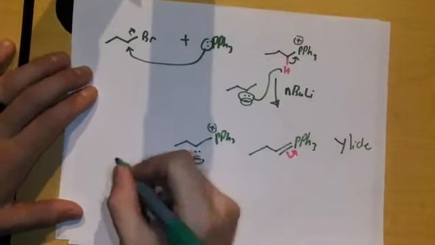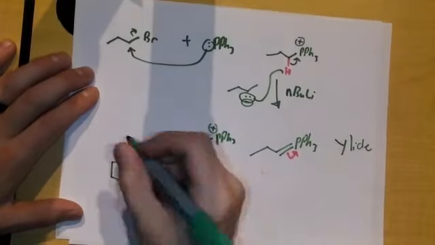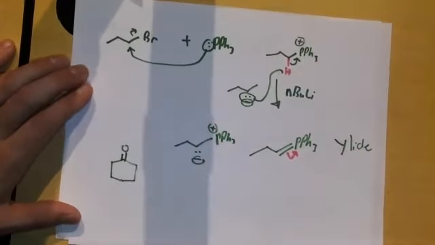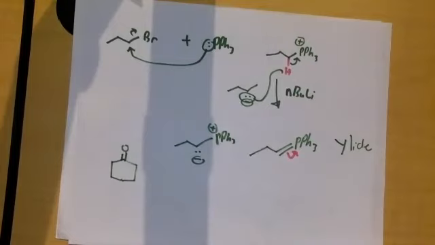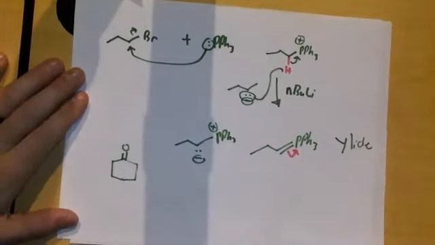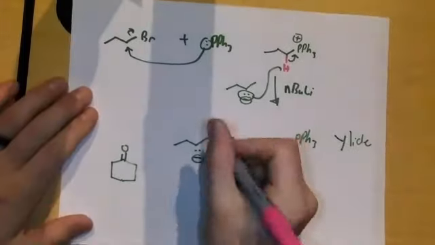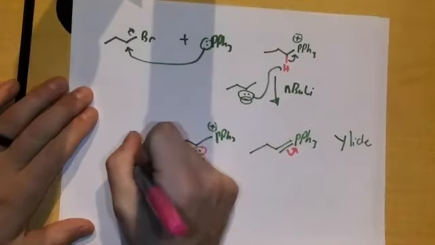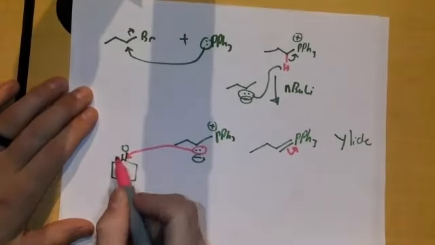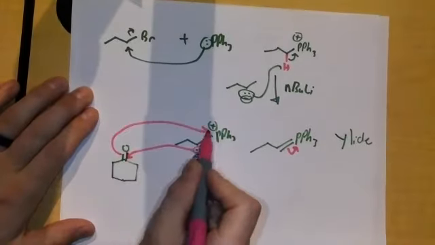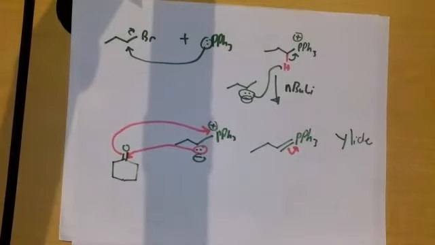So if we put this in solution with a carbonyl, so let's take this cyclohexanone here, our negative charge is going to attack our carbonyl. And then our double bond from our carbonyl is going to attack this triphenylphosphine here.